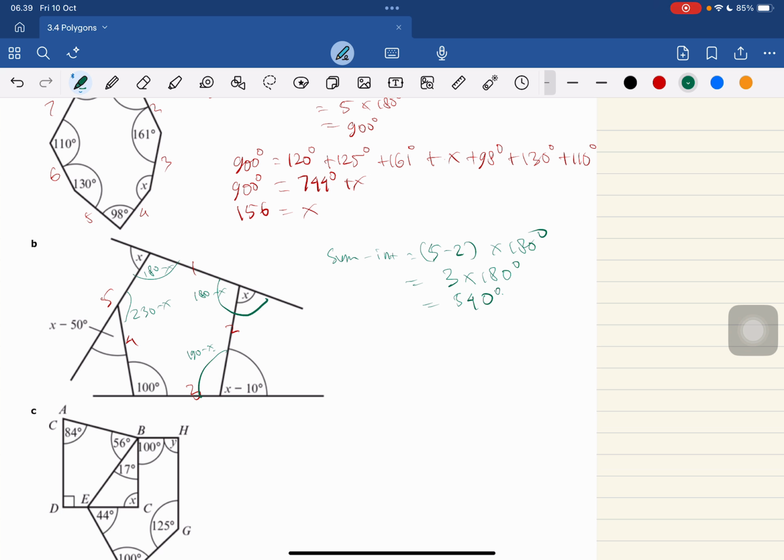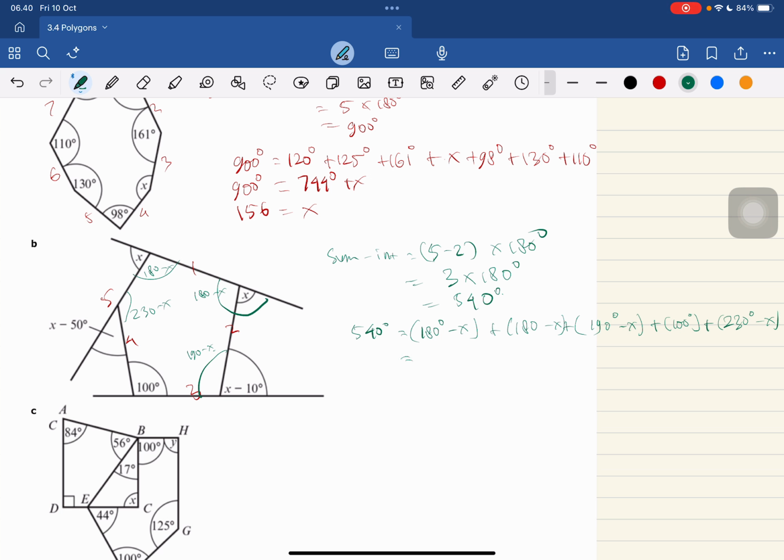Okay, we got it. So let's check it. The sum is 540 degrees. So let's find each one. This is 180 degrees minus x, plus 180 minus x, and then 190 degrees minus x, plus 100 degrees, and the last, 230 degrees minus x.